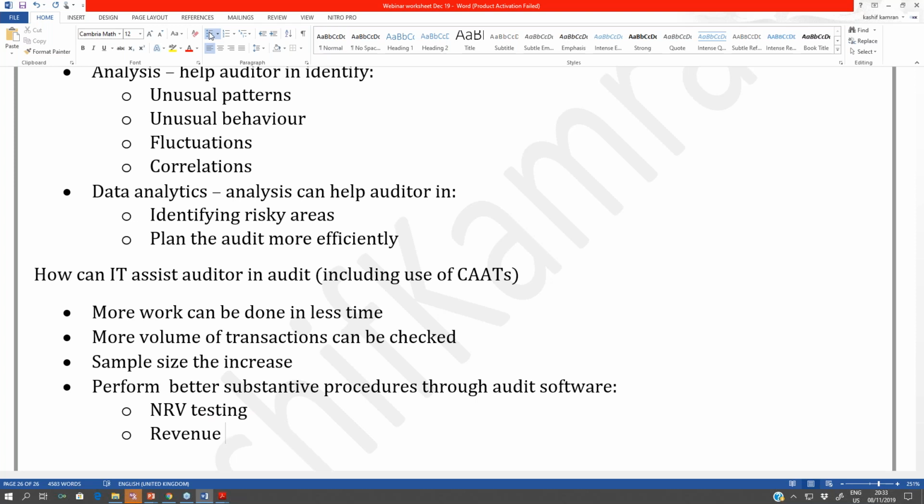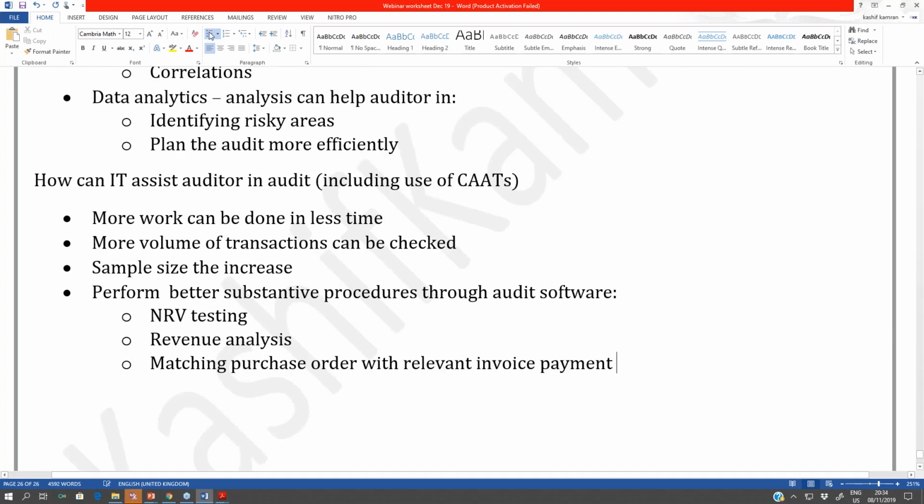So do you expect the examiner can test the same examples in the exam paper? NRV testing, revenue analysis, matching the purchase order with the relevant invoice and payment. You need to know the examiner's examples, right? Evaluating the segregation of duties.